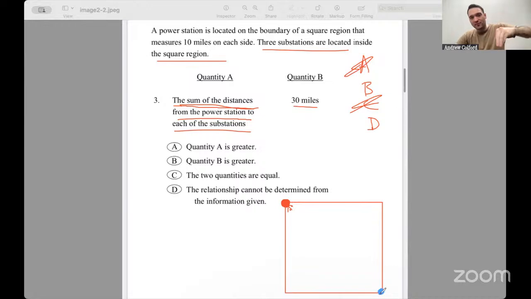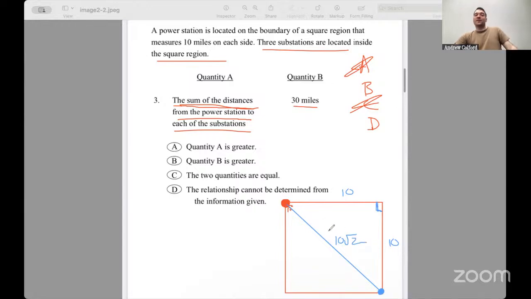Let's put all 3 of them right there. Well, what is that distance? Remember, I'm dealing with a 10 by 10 square. So if I know my special right triangles, it is a square, right? That's going to be 10 root 2.